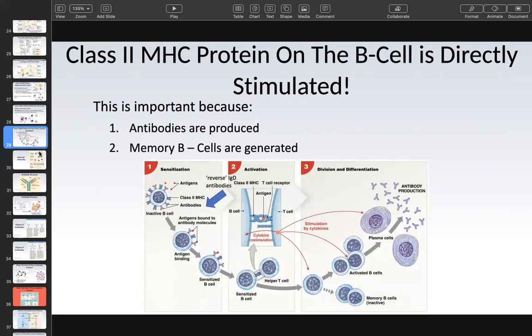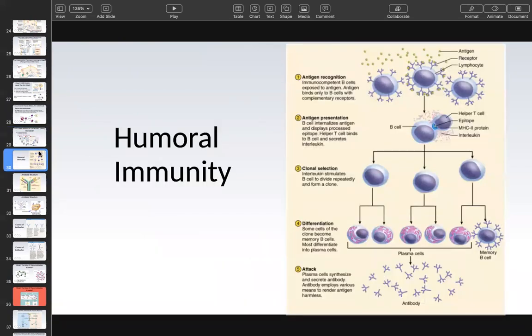The end goal of humoral immunity is to produce antibodies. Antibodies are proteins, big globulins, that are specific for a certain pathogen. Here we overview the entire process involved in order to make antibodies. B cells will differentiate into plasma cells, and plasma cells will produce and secrete antibodies.